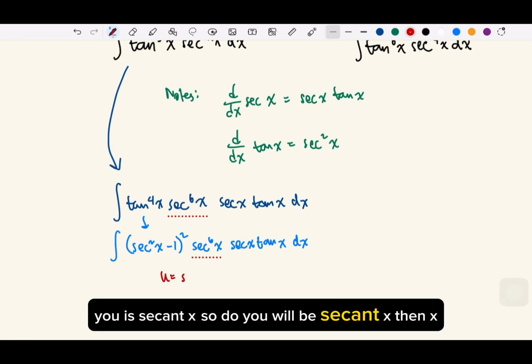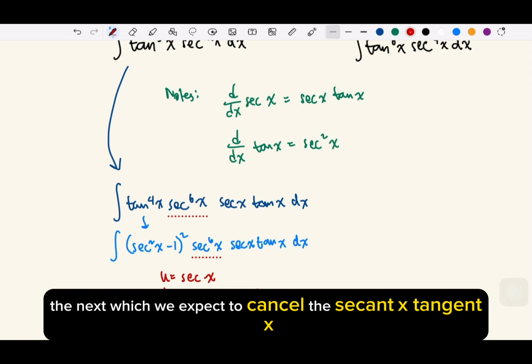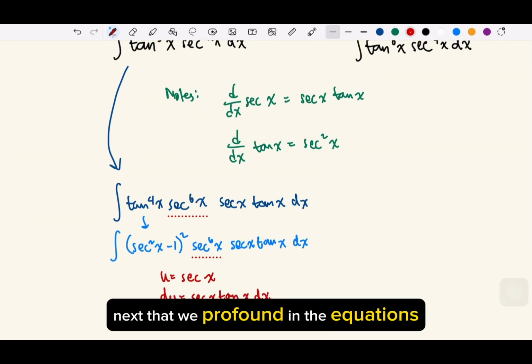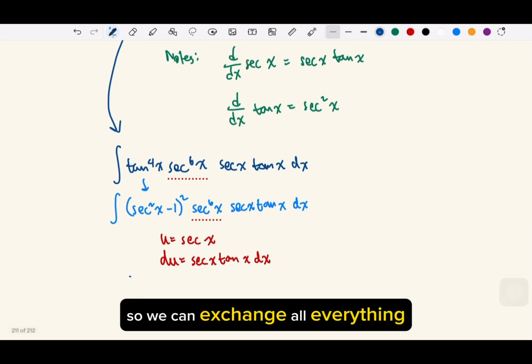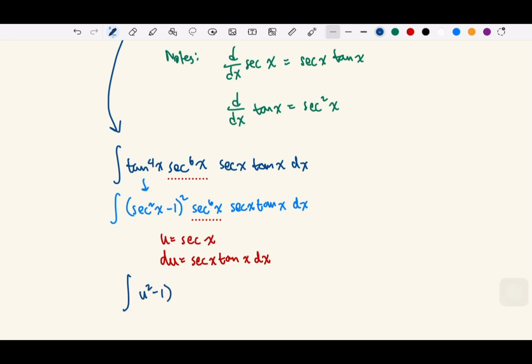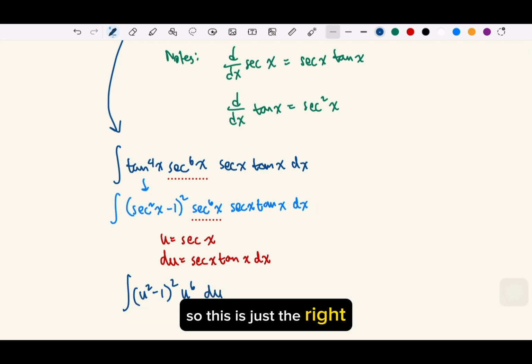U is secant x. So du will be secant x tangent x dx, which we expect to cancel the secant x tangent x that we provide in the equation. So we can exchange everything. This will be u^6, and then all is cancelled, so this is just du, right?